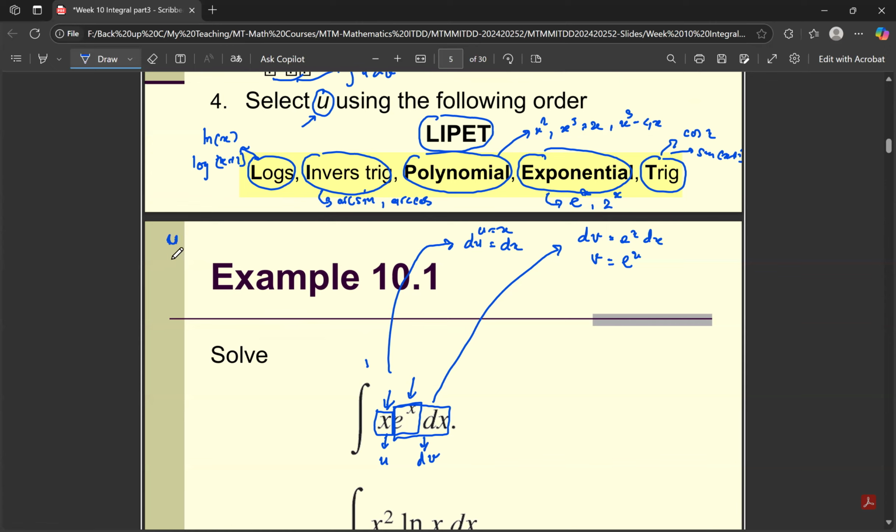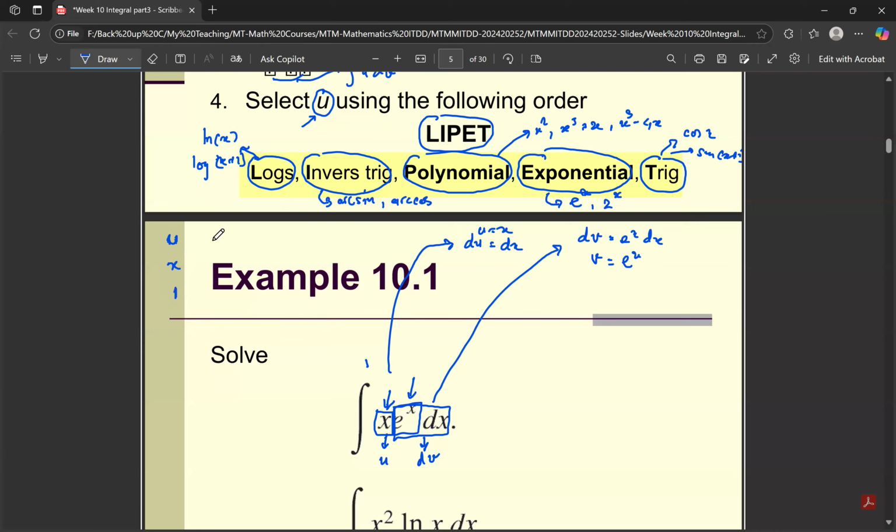We must differentiate u. In this case, u is the function of x, and the differentiation of this function is one.